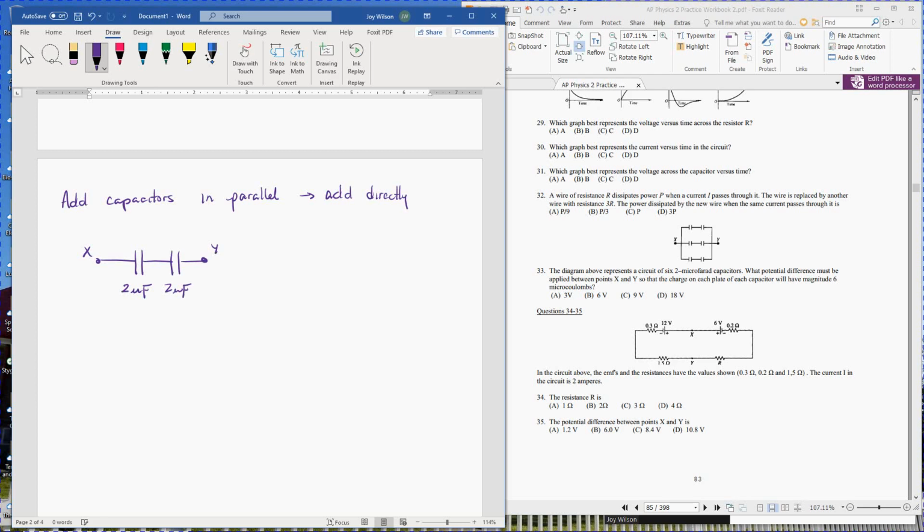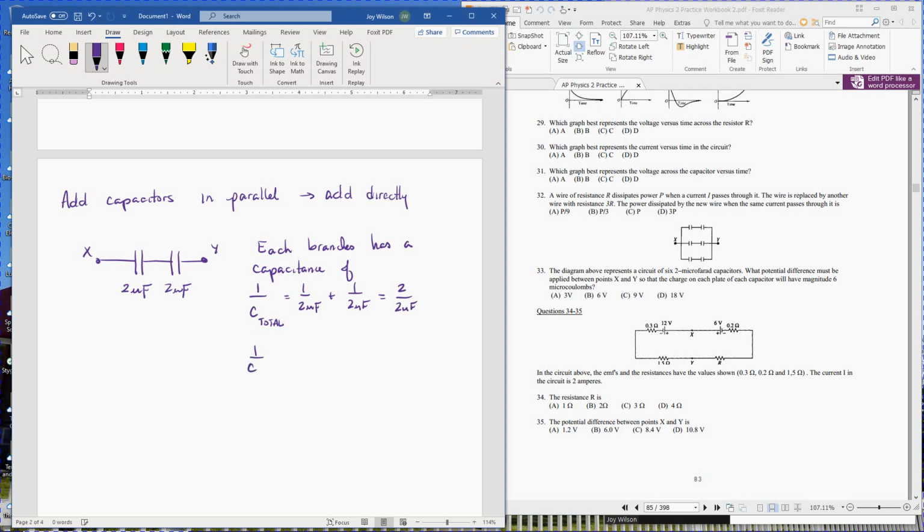So for this particular branch, and each branch is going to be the same, each branch has a total capacitance of 1 over 2 microfarads plus 1 over 2 microfarads equals 2 over 2 microfarads.